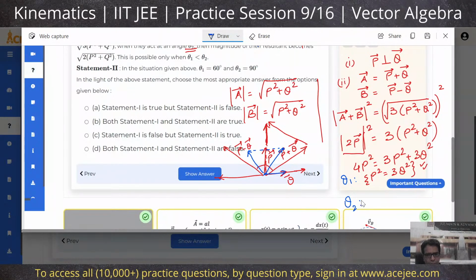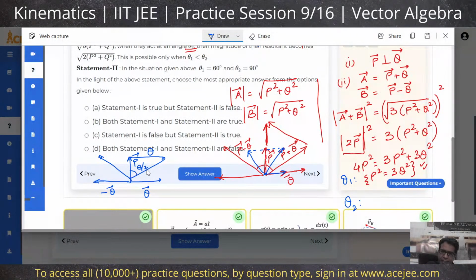Now, we are interested more in trying to figure out the angle theta 1. So let's see what this theta 1 is. Let's look at this angle carefully. This is P, this is Q, and this is minus Q. This angle is theta by 2, no?